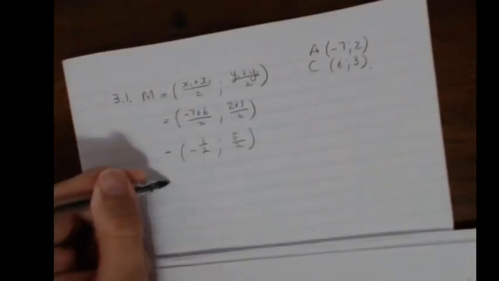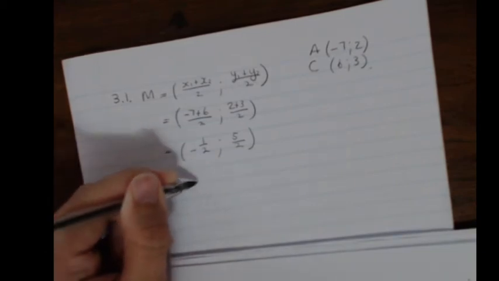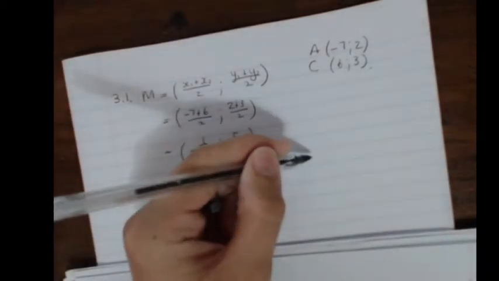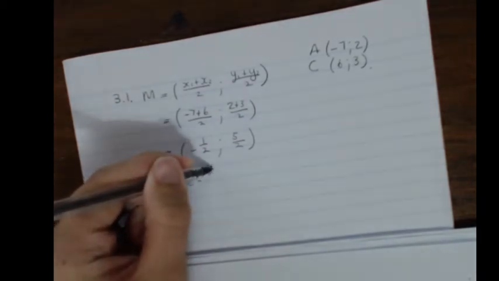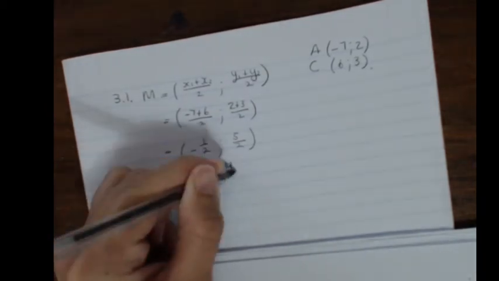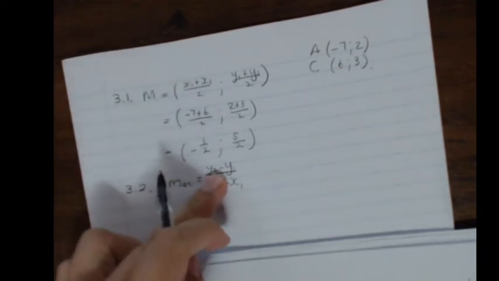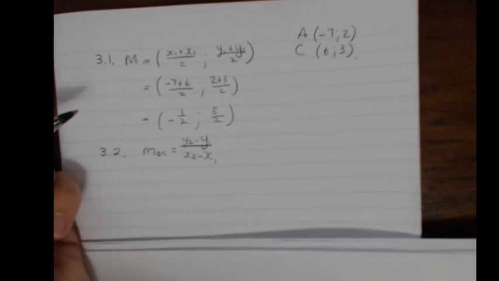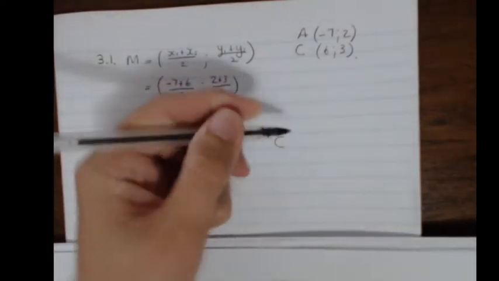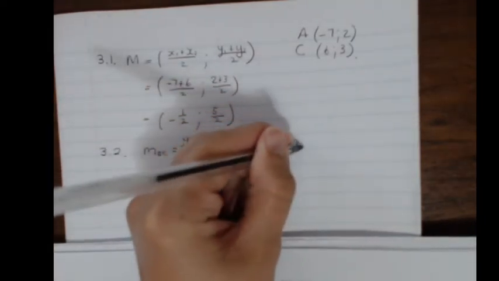So I'm going to work out the gradient of BC by using the 2 points. Gradient is difference in y over difference in x. These formulas are on your formula sheet, by the way, where C is the point (6, 3), and that point F there is the point (p, 0).